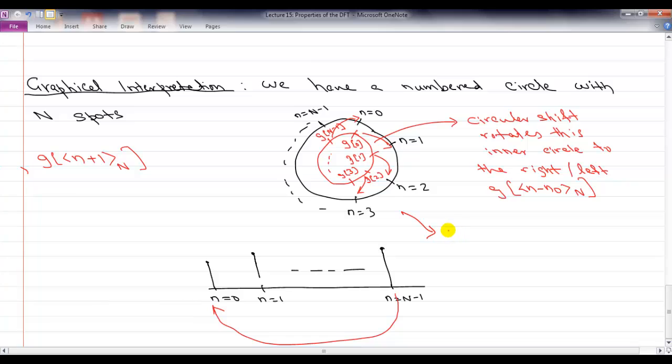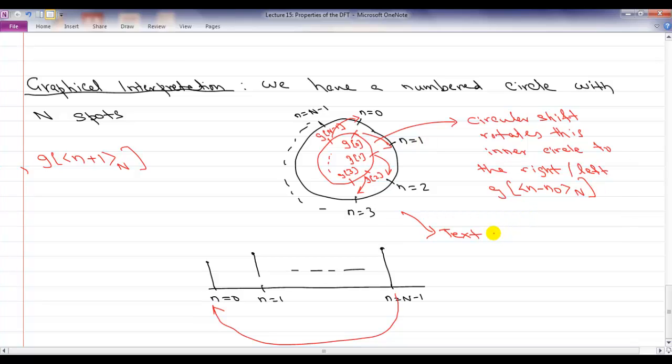For example, your text has it the other way. Your text actually has the sequences in the indices in the counterclockwise direction, and so the inner dial, you always rotate it in the direction of the sequence. I just find this more intuitive than the way your text draws it.